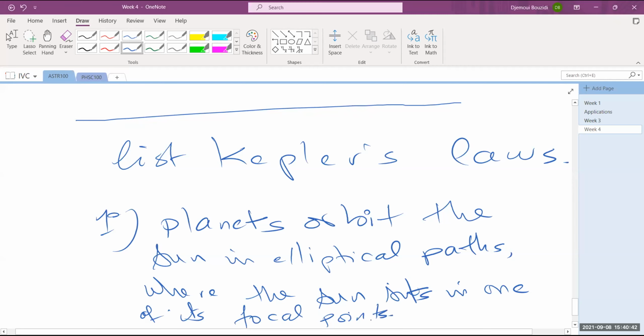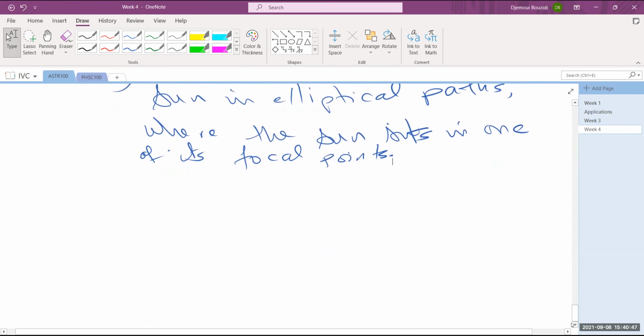You're asking me which focal point, it doesn't matter, okay? Just pick one of the 2. They're symmetrical. So that is law number one.